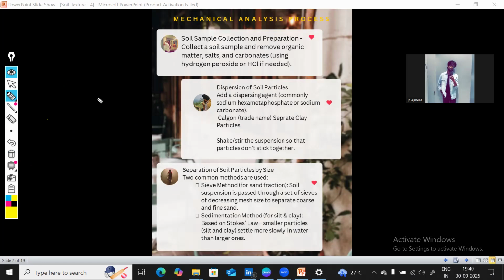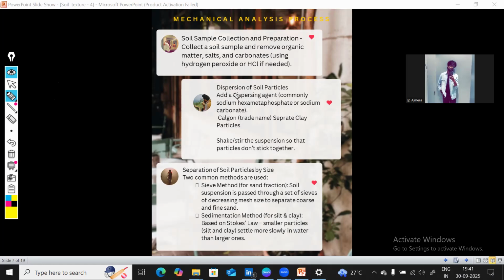I don't want to go too deep into this, it is stuff you can read on your own, but the things that are important for the examination we will discuss. We remove organic matter, salts, carbonates, and break up aggregates. We do this by adding certain amounts of different chemicals, which help us do these things.